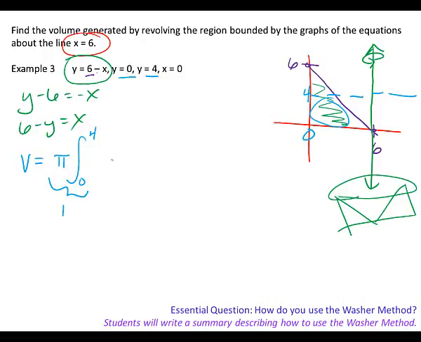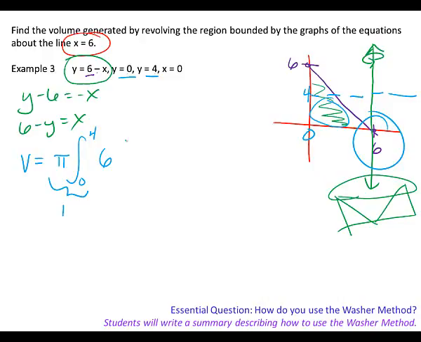Now we've got to deal with our functions, and it's a little bit weird on this one. We're going to treat them as 2 separate circles. This is more washer-like, and you're going to see washers here in just a second. What's my outermost function? What's that line? 6.